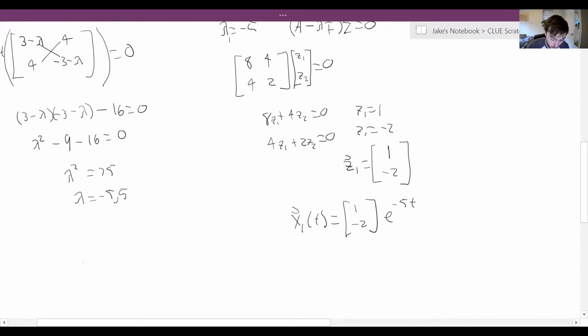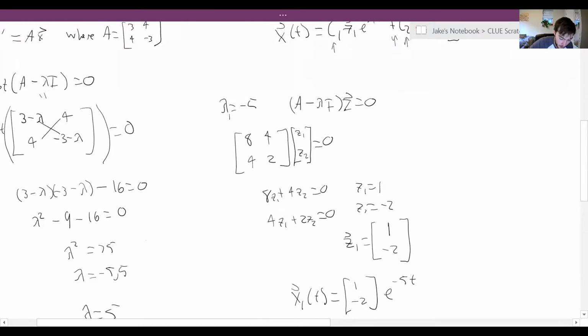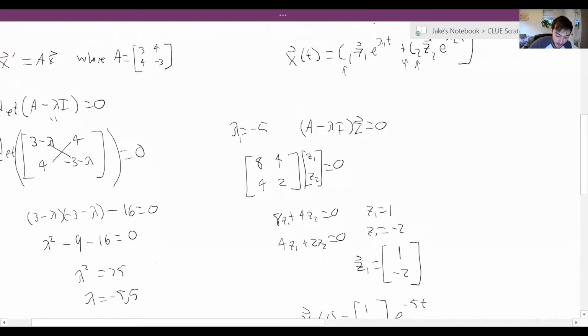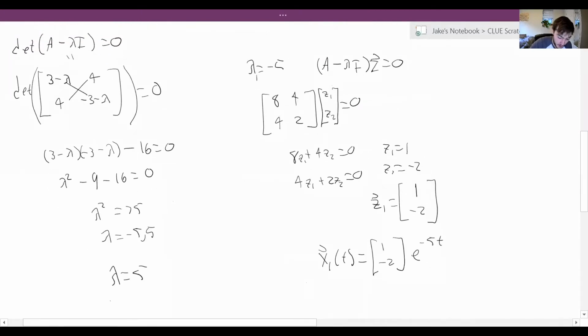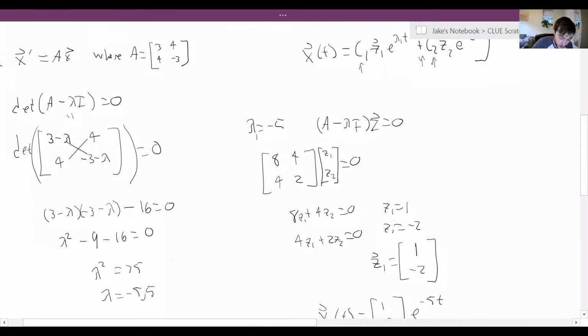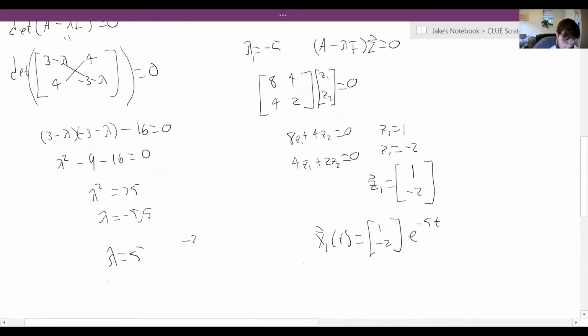So if we run through this quickly one more time, if we choose lambda to be 5, for example, and we do this A minus lambda I times z equals 0 again, we're going to get a similar thing. This time we get 3 minus 5, so this one is going to be negative 2. The 4 stays the same.